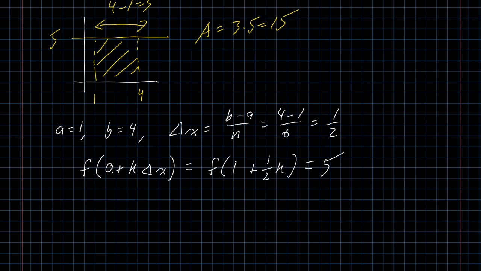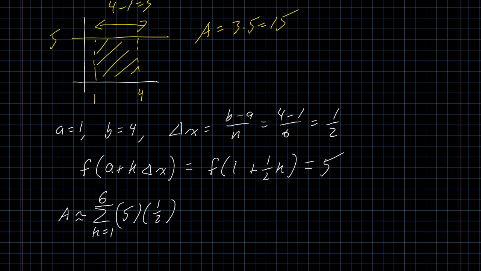And then the definition of the Riemann sum says that the area is approximately equal to the sum. K starts at 1 and goes to n, which is 6 in this case, of f of a plus k delta x, which is 5, times delta x, which is 1/2.